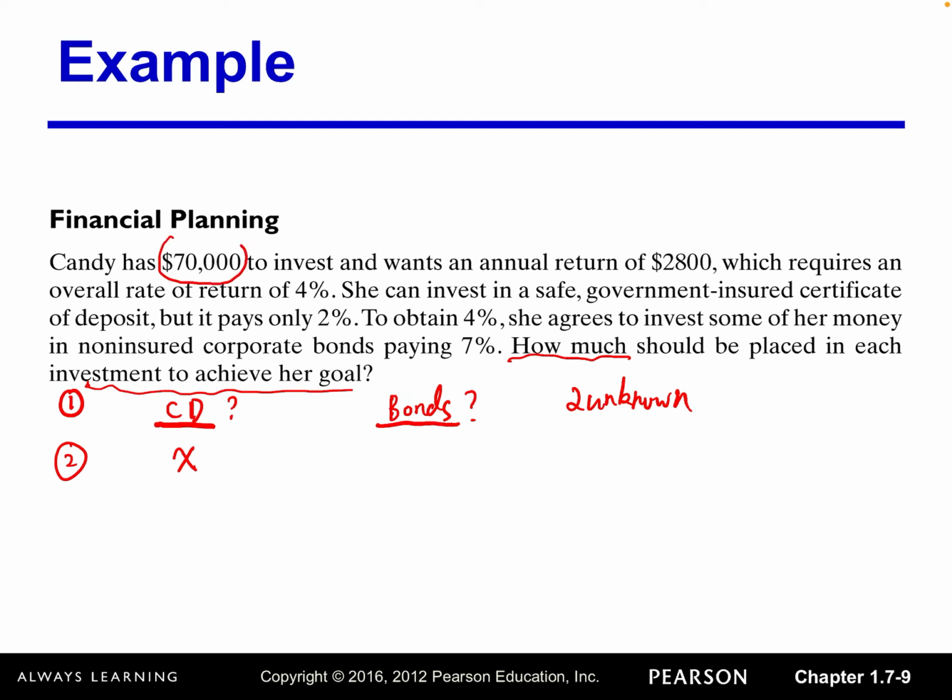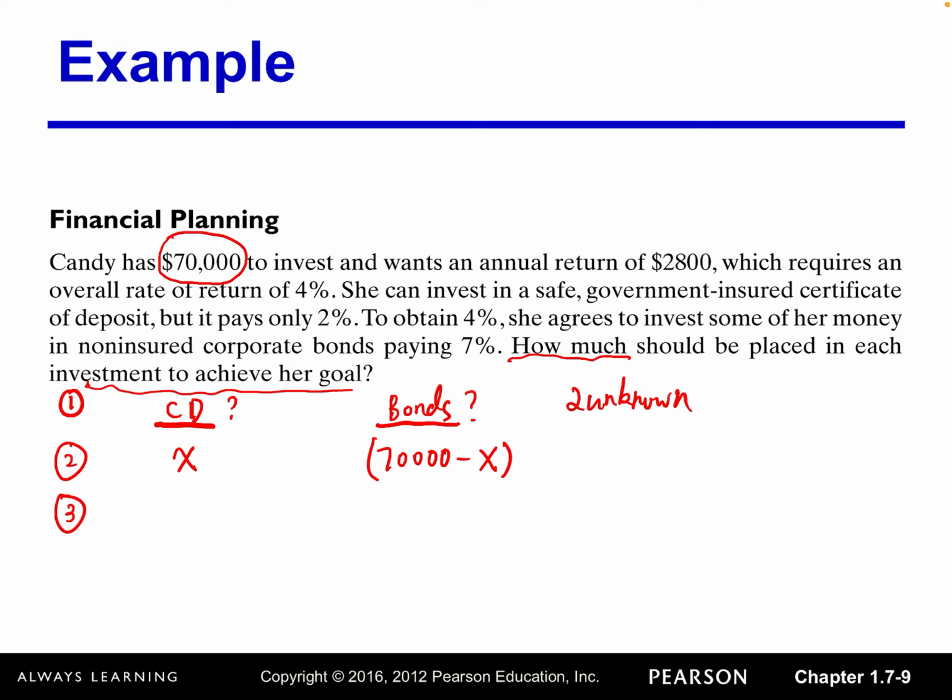We know the total money she has is 70,000. So if x dollars buys the CD, the rest out of the 70,000 will buy the bonds. How to represent the rest? We use 70,000 subtract x. So that's the second step.